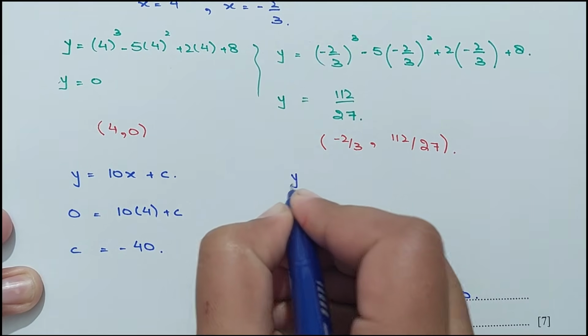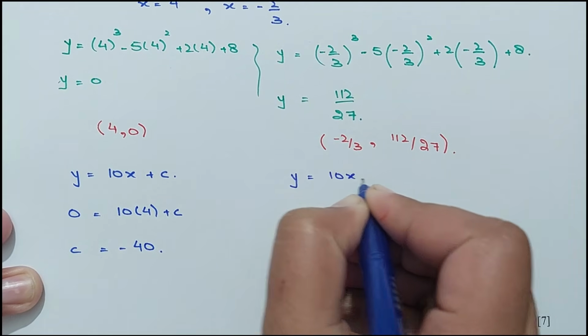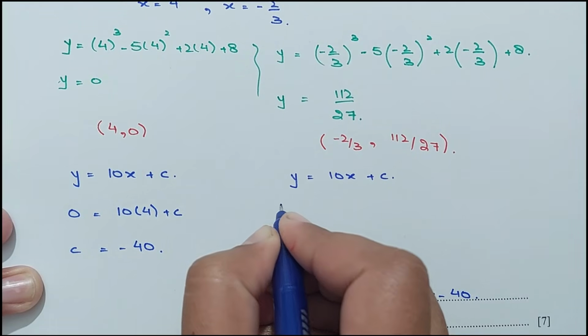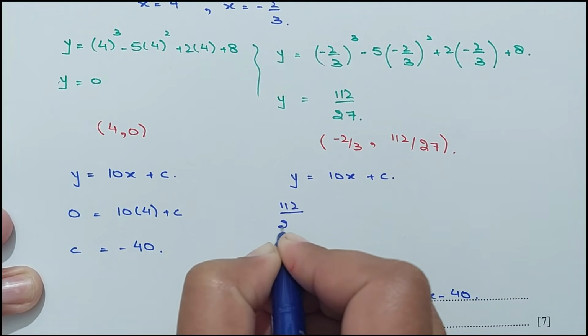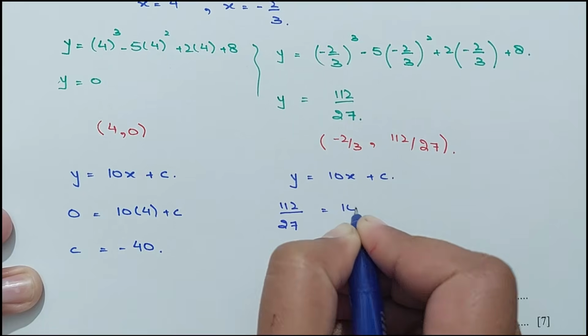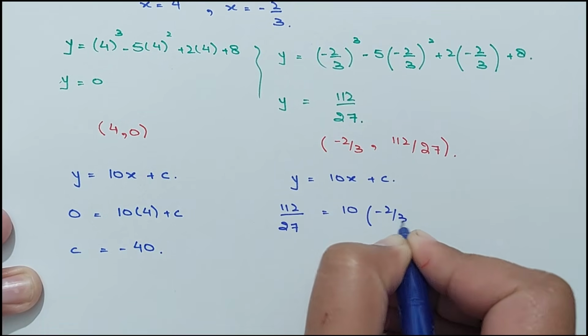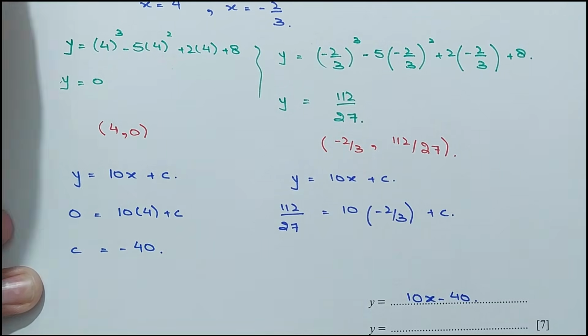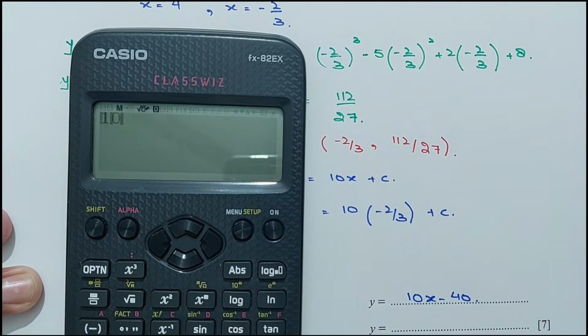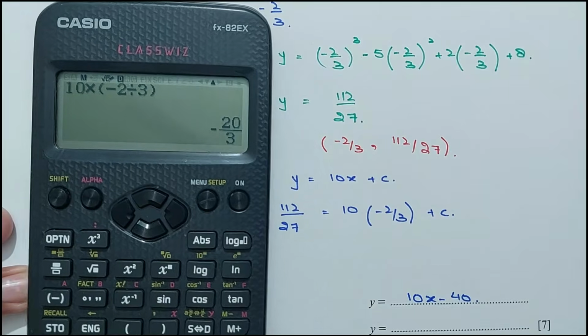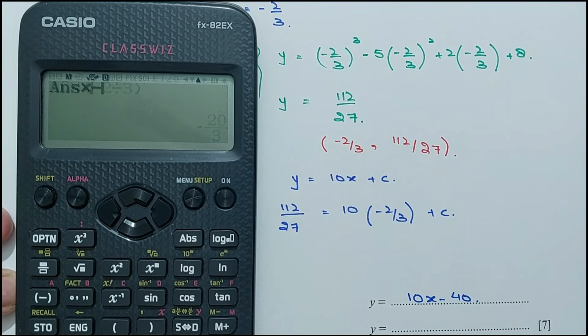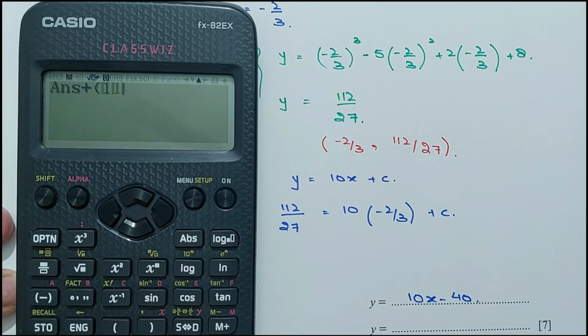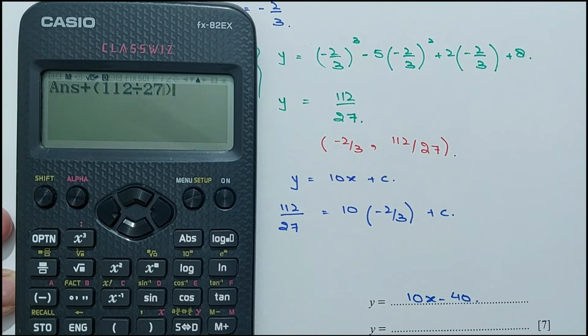The second one is y equals to 10x plus c, and 112 over 27. This is 10 into minus 2 by 3 and plus c, right? 10 into minus 2 by 3, okay, and times by negative 1, and add this into 112 over 27.